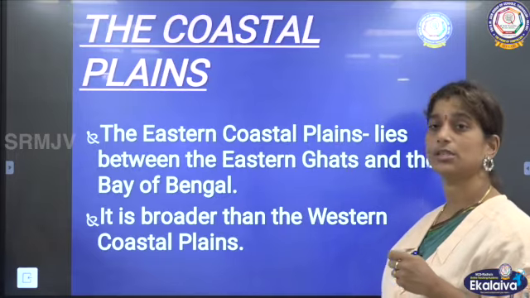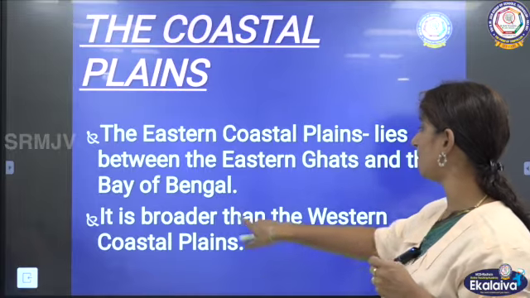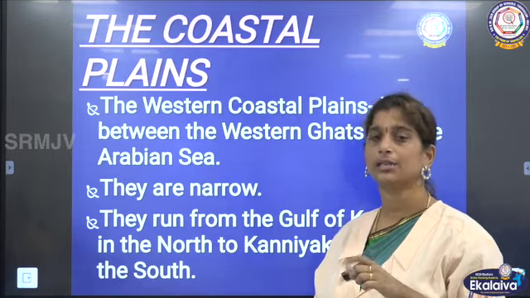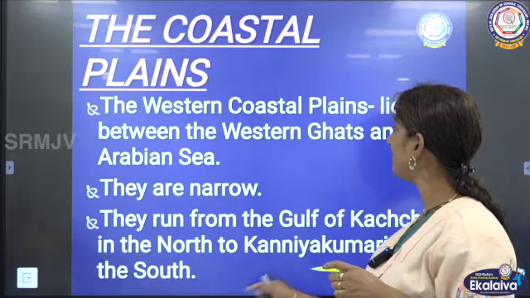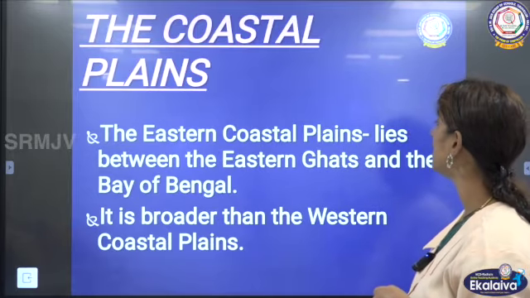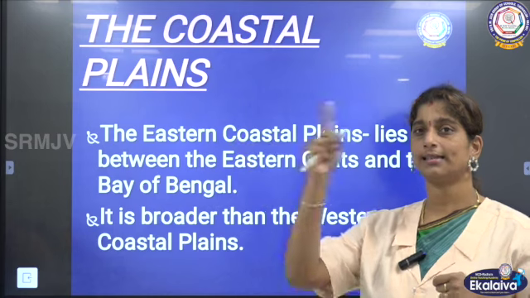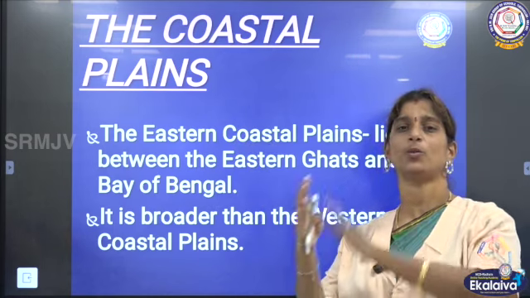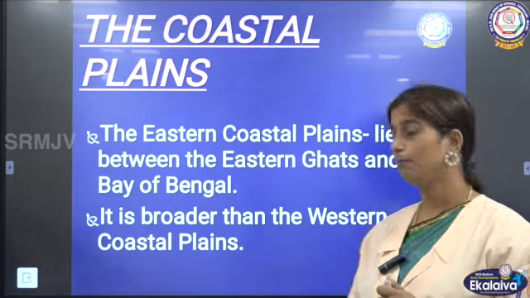This western coastal plain runs from Gulf of Kutch up to Kanyakumari. And the eastern coastal plains lie between Eastern Ghats and Bay of Bengal, but it is a little broader when compared to the western coastal plains.